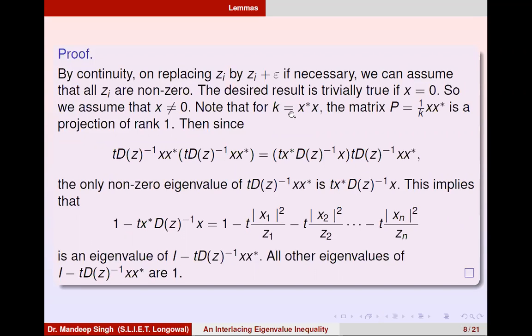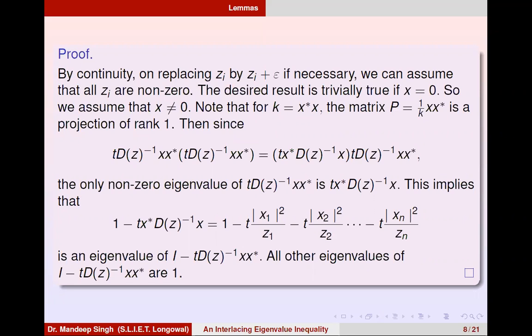In that case, x star x would be a scalar number, which is k. x star is a row vector with conjugates of the x_i, and x is a column vector with components x1, x2, ..., xn. The matrix P, if you look at this, is a projection of rank 1.